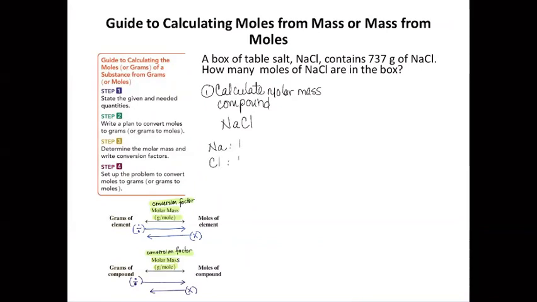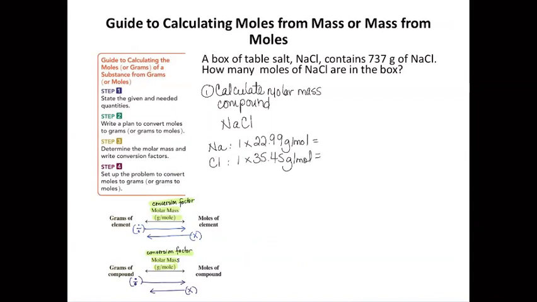Since they have subscript of 1, that's what we're going to place right there. Then I'm going to utilize the values that are in the periodic table in your textbook. So sodium has a molar mass of 22.99 grams per mole. Chlorine has an atomic mass of 35.45 grams per mole.